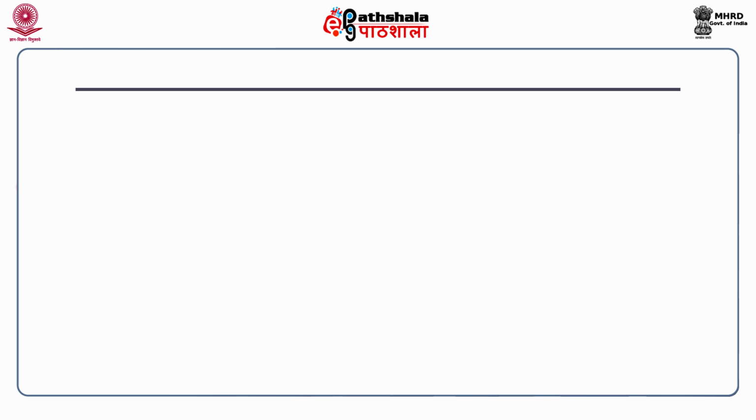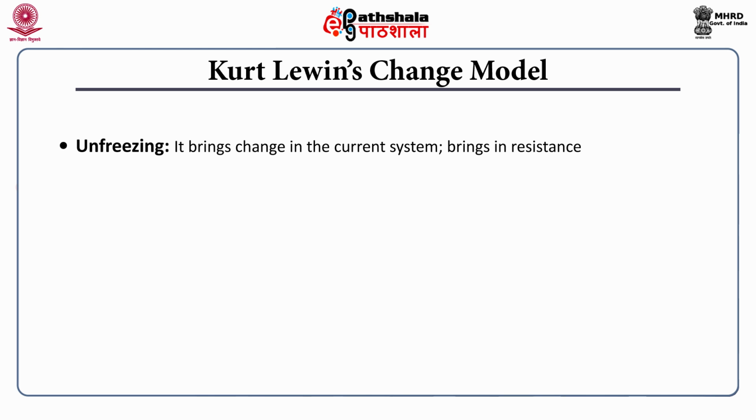Let's quickly recap what Kurt Lewin's change model is. Kurt Lewin's change model has three aspects: unfreezing, movement, and refreezing. Unfreezing refers to bringing in the change in the current system. It brings in resistance; people do not want to change.